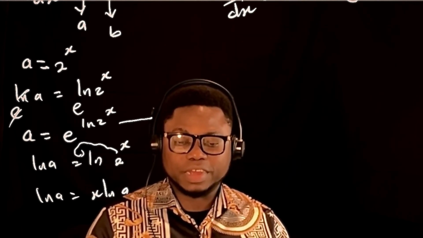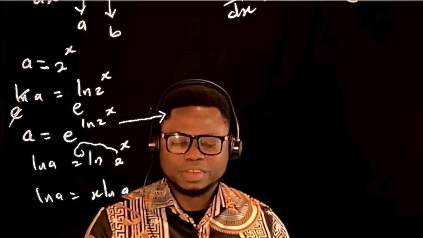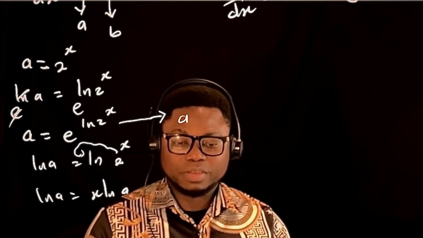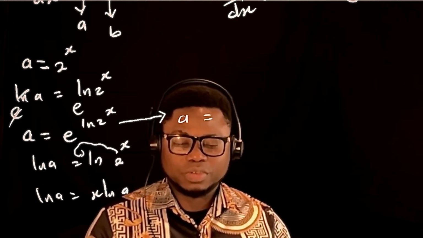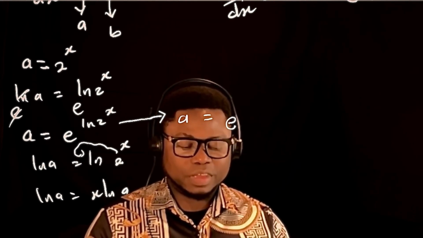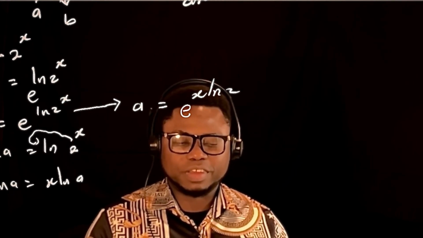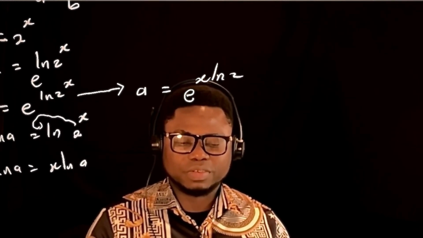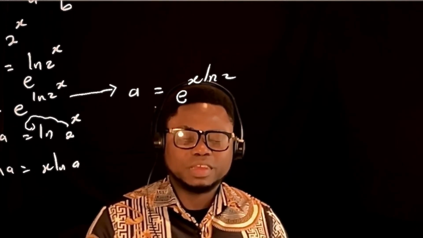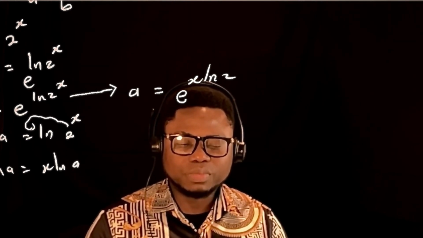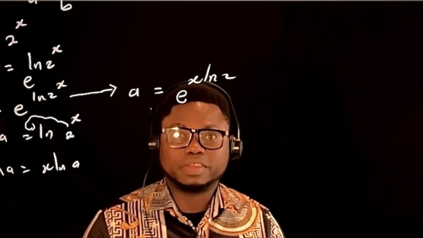I can still say that a is equal to e raised to the power of x ln 2. So in this case now, it means that a is equal to e raised to the power of x ln 2.